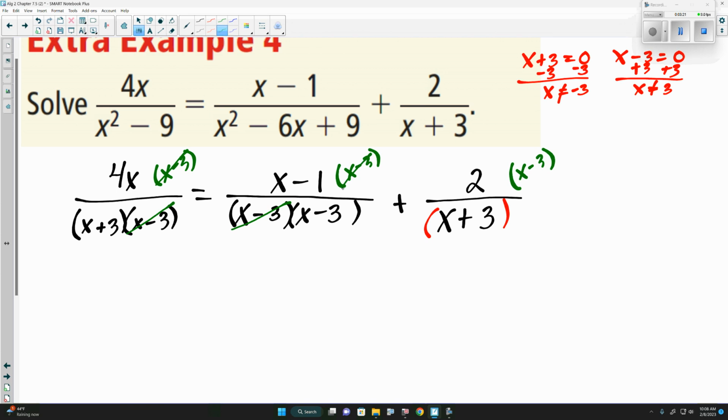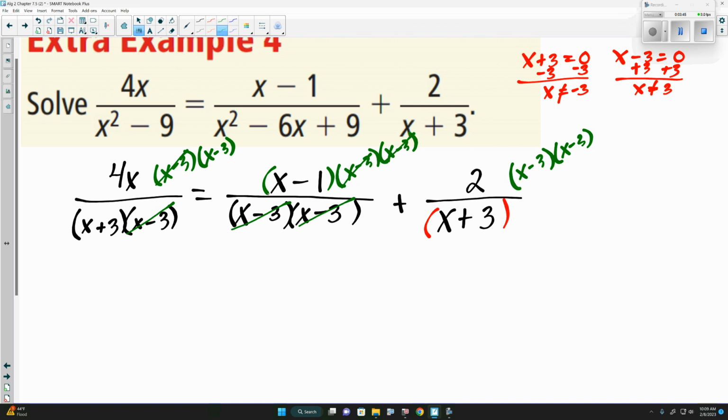Yes, because since the denominator in the middle has 2, we're going to need 2 of them. So that means we're going to have to multiply each one of them by an additional x minus 3, so that these two will cancel. Put parentheses around that.